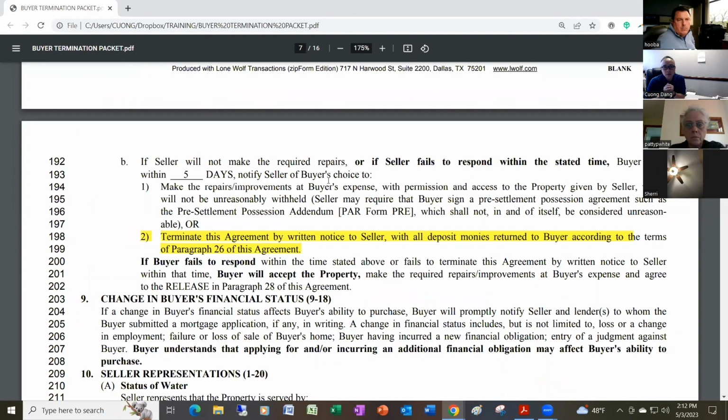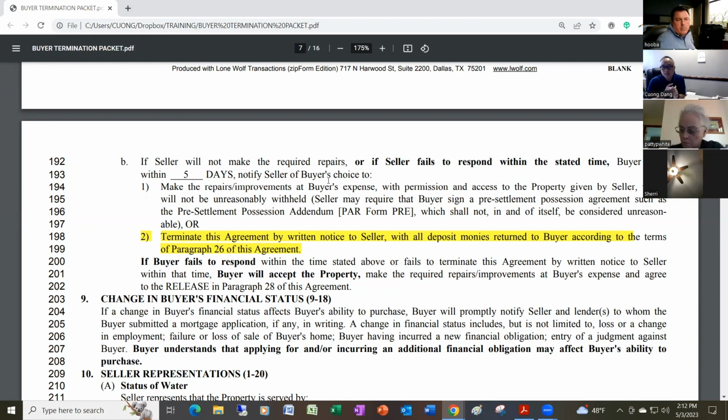And this is where if seller will not make the required repairs, or if seller fails to respond within the stated time, buyer will within 5 days notify seller of buyer's choice to, and option 2 is terminate. So that's talking about like FHA repairs, VA repairs, any repairs that are needed for financing.